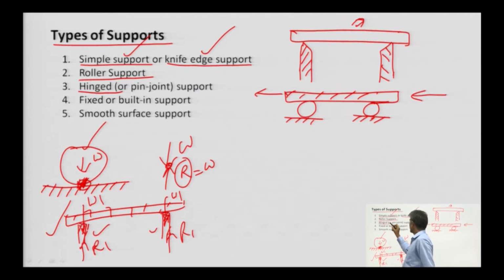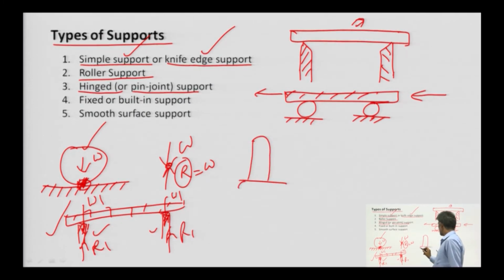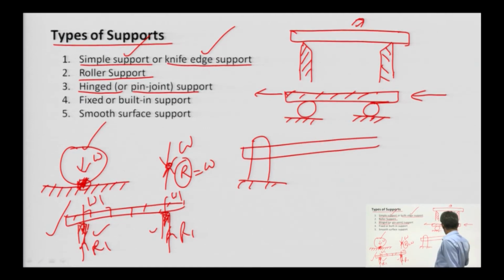Another is hinged or pin jointed support. What are these supports? These supports are like this. This one is pin support or hinge support. Which type of restraints are they giving this horizontal bar?